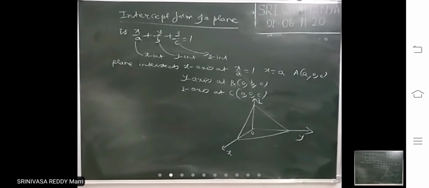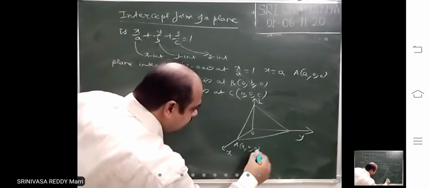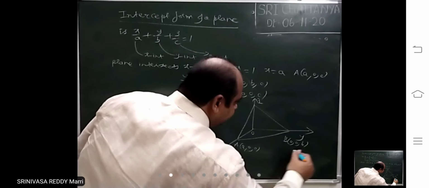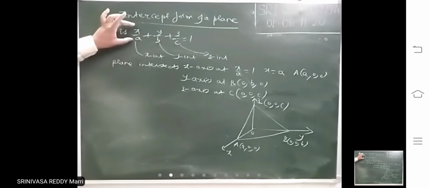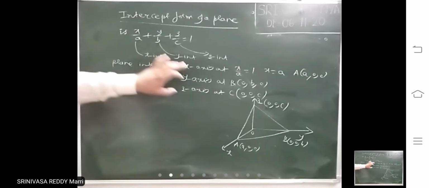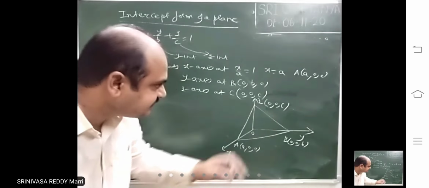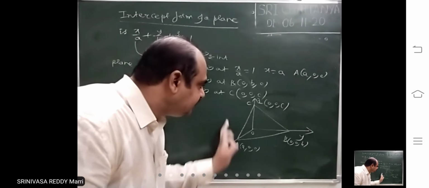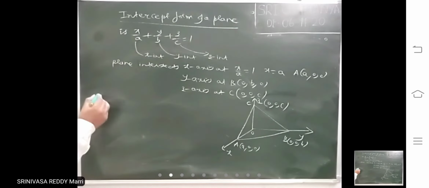That means it intersects the x-axis at this point, A 0 0, then 0 B 0, and 0 0 C. If the plane is in this form, that plane intersects the x-axis at A, the y-axis at B, and the z-axis at C. The plane passing through these 3 points is nothing but x by A plus y by B plus z by C equal to 1. Now look at it.